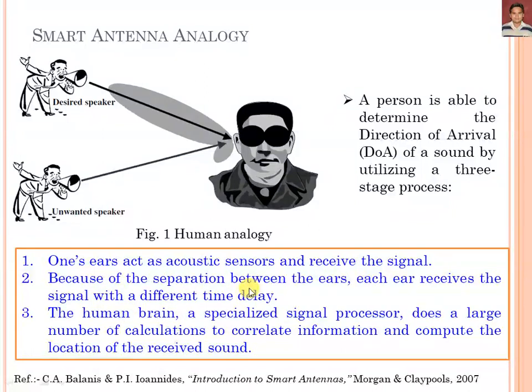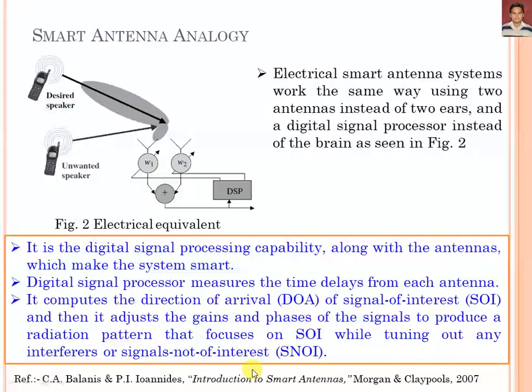Because of the separation between the ears, each ear receives the signals with different time delays. The human brain, a specialized signal processor, does a large number of calculations to correlate information and compute the location of the received sound. This human analogy can be understood in the smart antenna analogy.